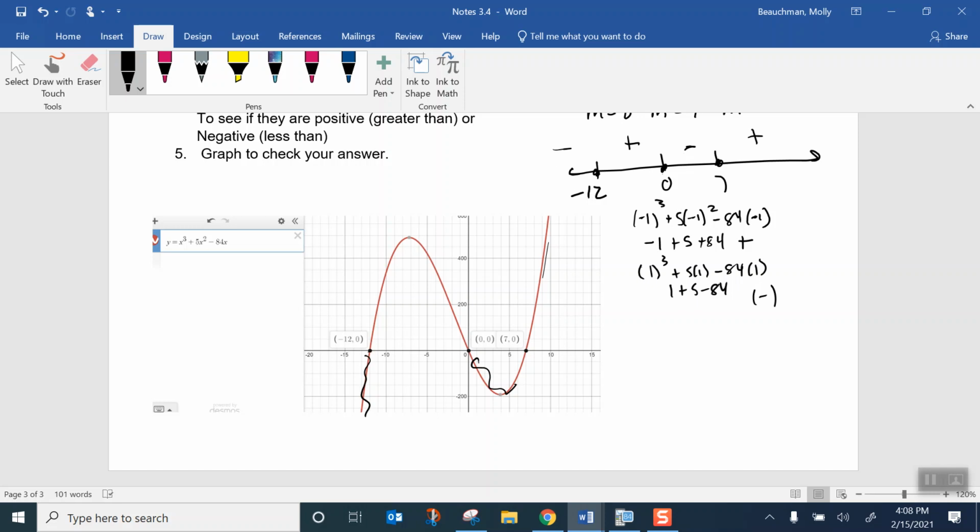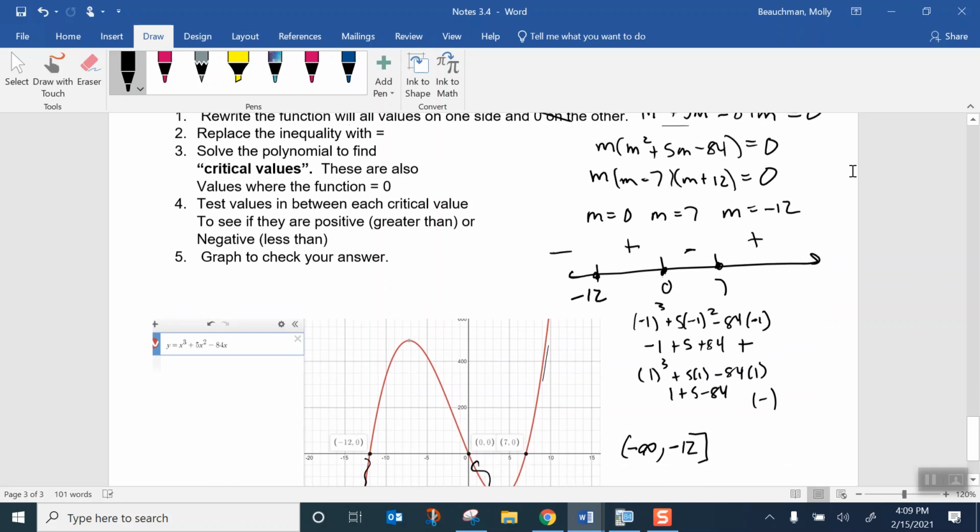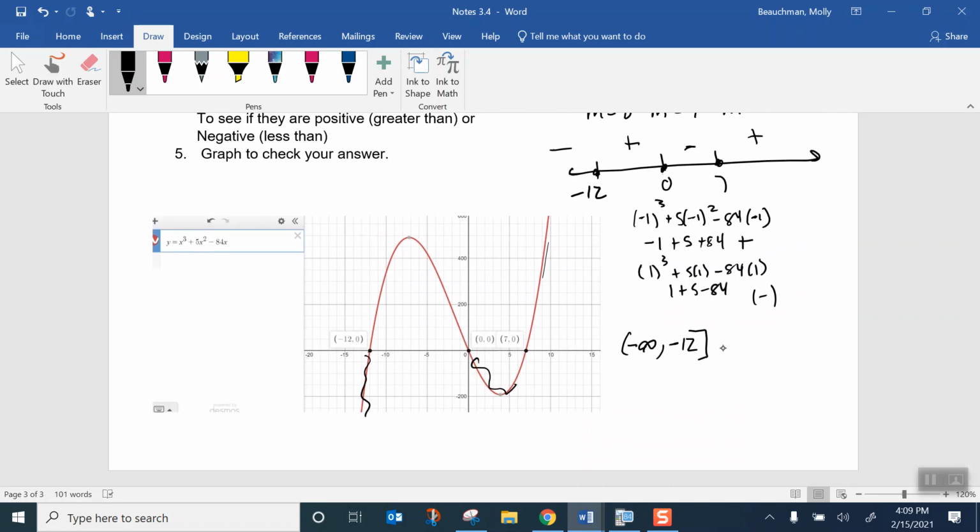If I would have put negative 13 in, I'd get a negative value. So the answer is all the values from negative infinity to negative 12, including negative 12 because I have less than or equal to; it equals 0 at negative 12. Along with the other place I'm below the x-axis: all the values from 0 to 7, including 0 and 7, because I want to know where it's also equal to 0.